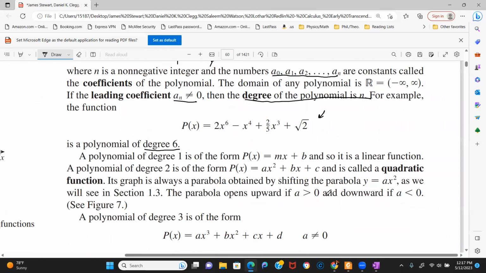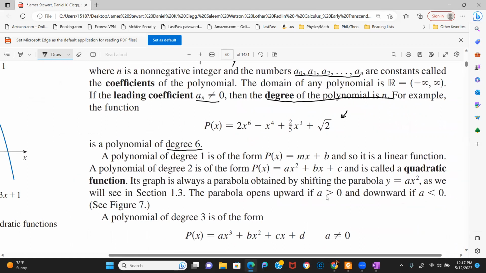All right, so that's the polynomial, and then as I said, a degree 1 polynomial is of this form, so it's a linear function. A degree 2 polynomial is of this form. We already saw this. This is a quadratic function. And as it says here, the graph of the quadratic function is always a parabola obtained by shifting this parabola.